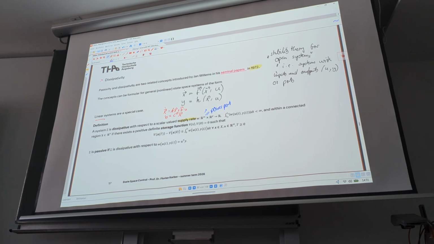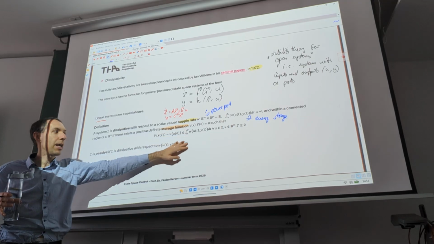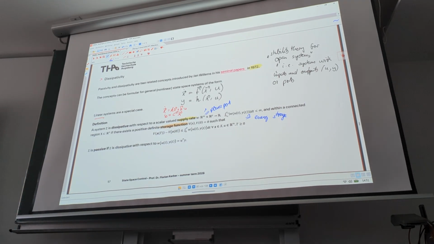Now we have the storage function. Okay, the storage function V. You could say that this is basically the energy storage. You could identify this with the energy storage. Of course, if you have some non-physically motivated state x, right, a state transformation which is not physically motivated, you will still be able to find a storage function V, which then is not directly linked to energy.